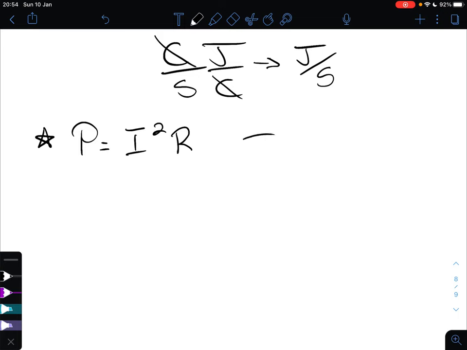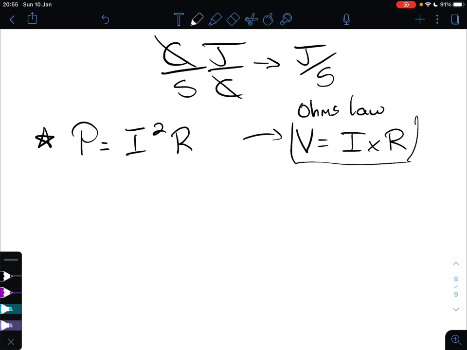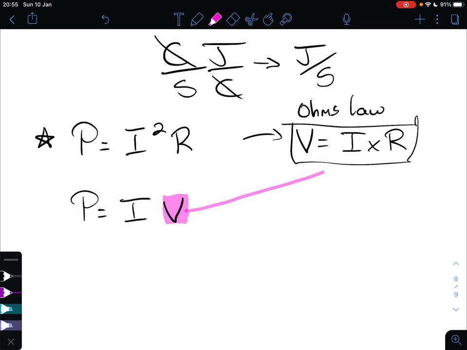Another thing, if you're still with me, where did P equals I squared R come from? Well, if we go back over to an old lesson on Ohm's law, we know that voltage is current times resistance. V equals IR, Ohm's law. Okay, none of this is news to you. So we can write the equation like that. Well, now let's write out P equals IV again. But this time, we're going to take the voltage and we're going to substitute in the IR.